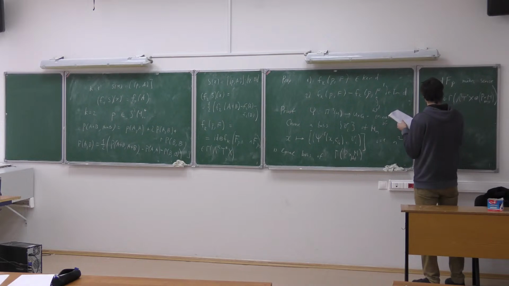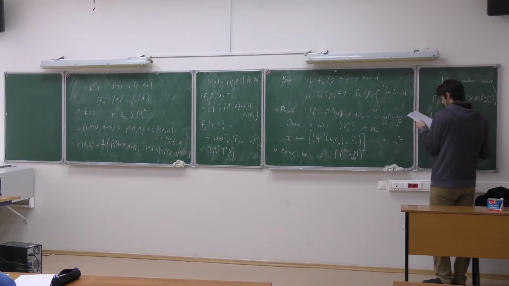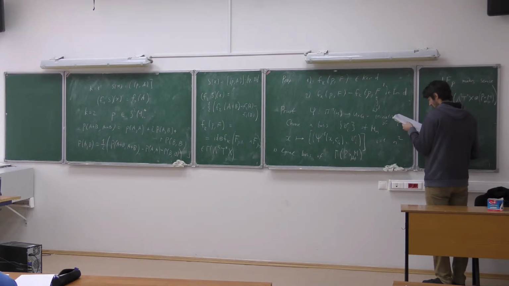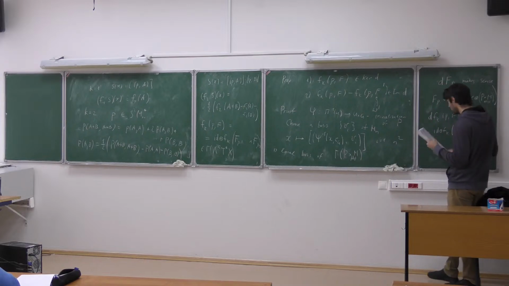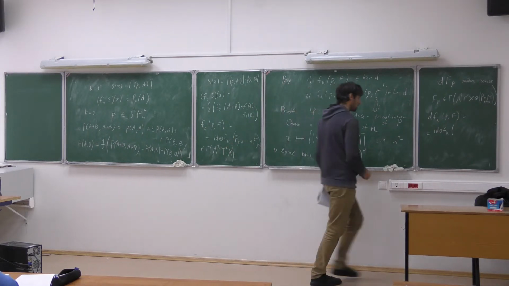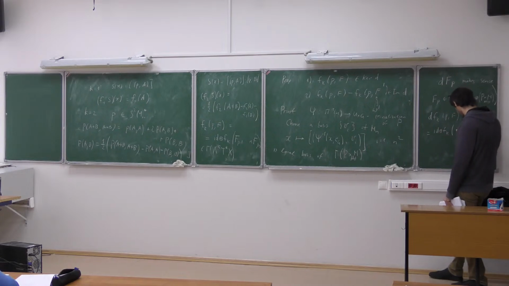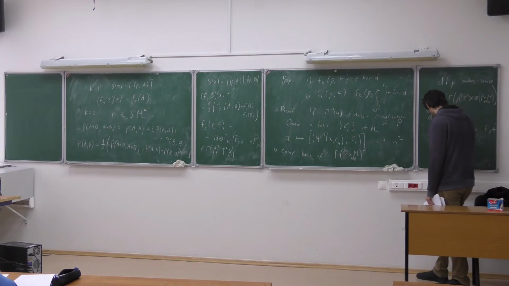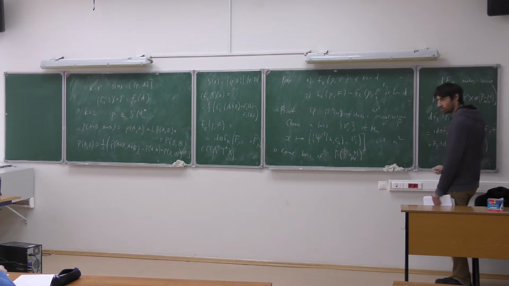I claim that if I take the differential of F_k of rho_F, it is the same as the identity tensor F_k applied to the following: dF_rho, which F_rho, plus F_rho, which dF_rho, and so on. So this is just the Leibniz rule.